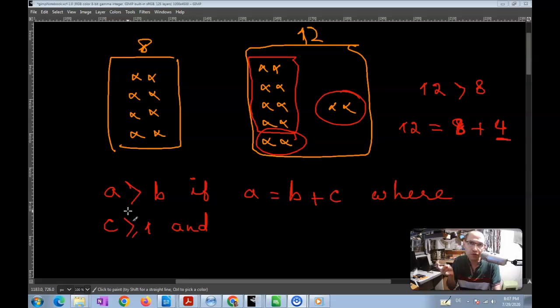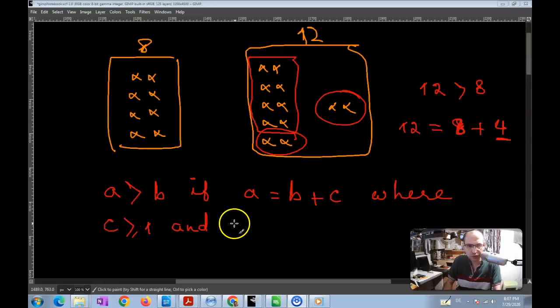It could be a 1 or a 2 or a 3 or a 4 or any number, meaning that this number can be greater than this number by any amount, meaning the difference could be a 1, could be a 2, could be a 3, or any number for that matter.